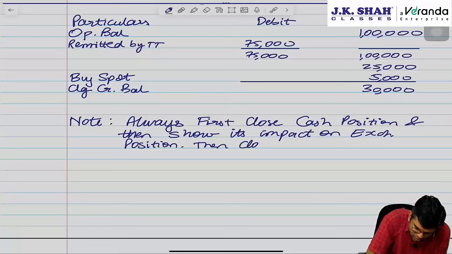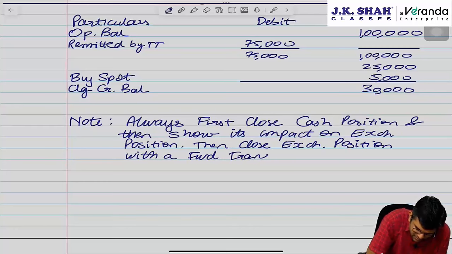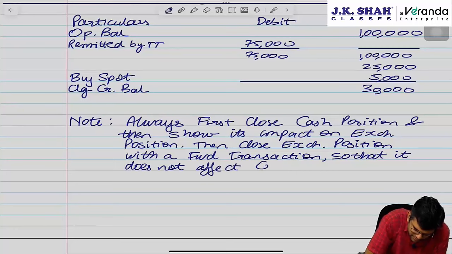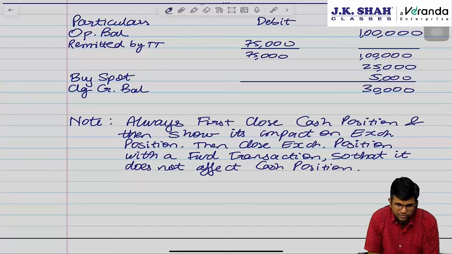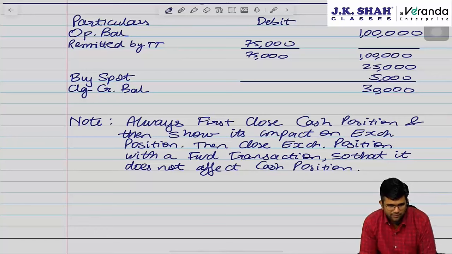Then close exchange position with a forward transaction so that it does not affect cash position. Otherwise, ringa ringa roses. You are understanding, no? Everyone clear?